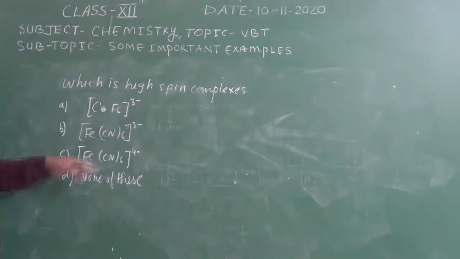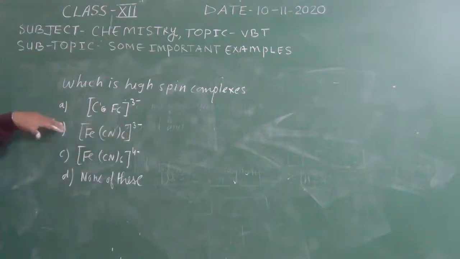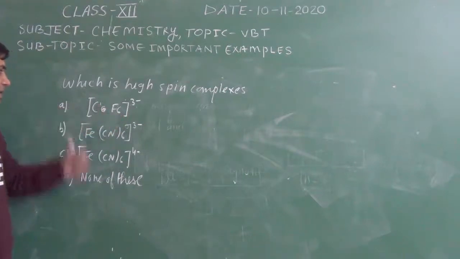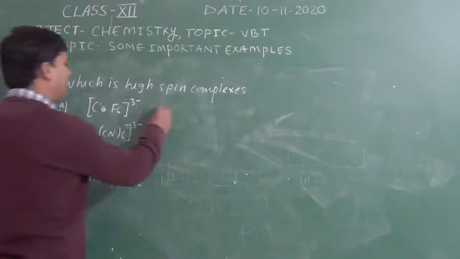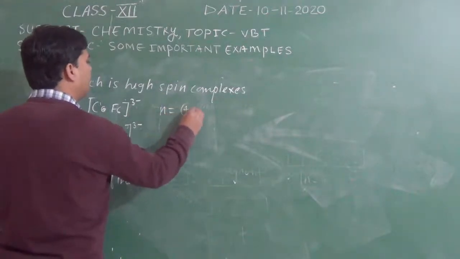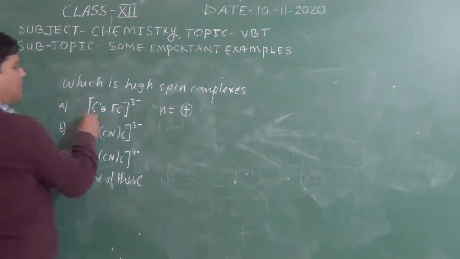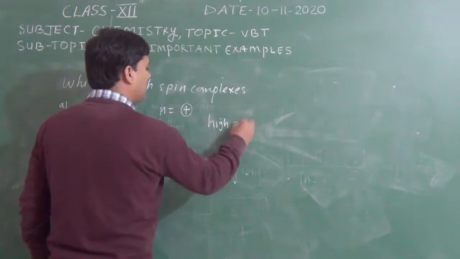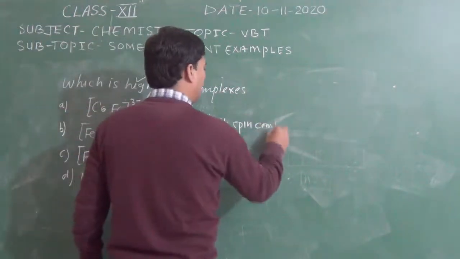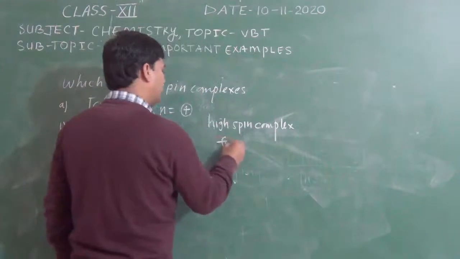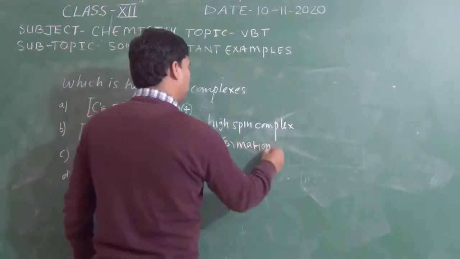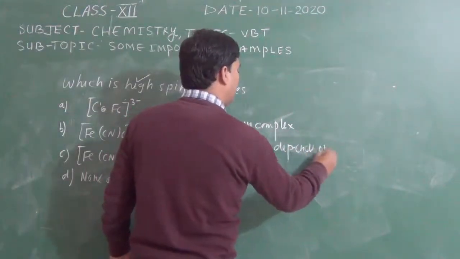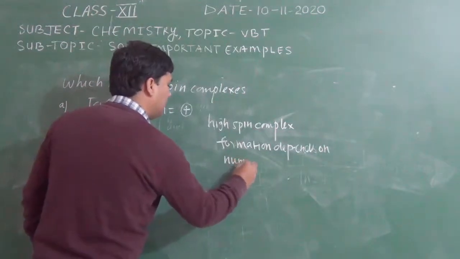In this case, CN- is a ligand which can pair the electrons, while F- is a ligand which cannot pair the electrons. So the number of unpaired electrons is equal to 4, and it forms a high spin complex, because high spin complex formation depends on the number of unpaired electrons.